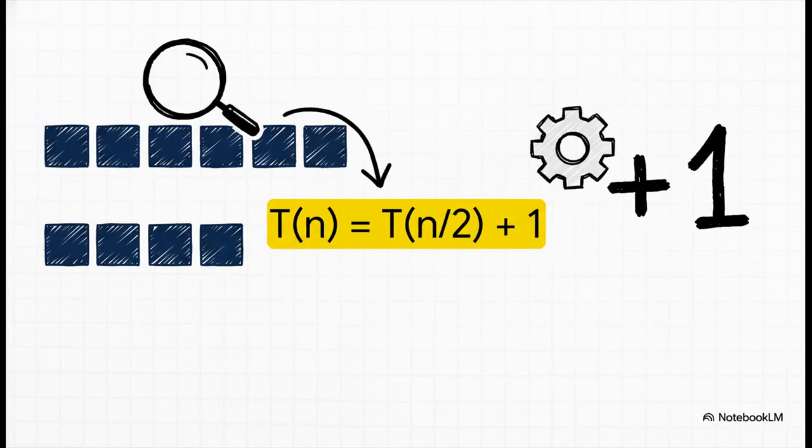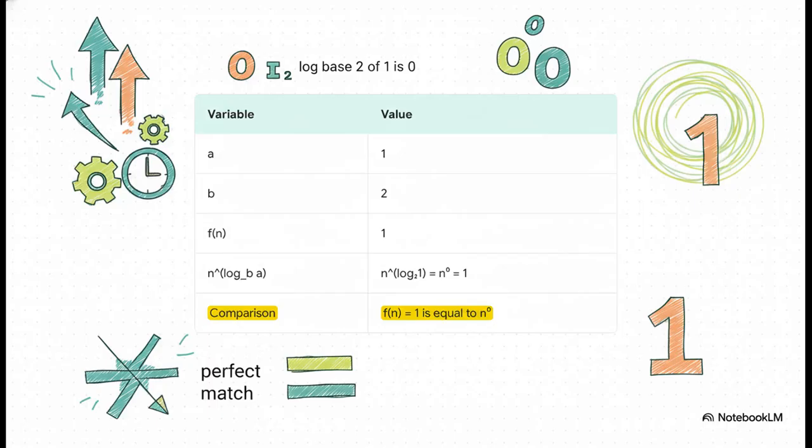Ready for another one? Let's try this one. This recurrence here. This is the recipe for something like a binary search. You see, it cuts the problem in half every step, but then it only does a tiny, constant amount of work. Okay, let's follow the steps again. A is 1, B is 2, and f of n is just the constant 1. So our critical value is n to the power of log base 2 of 1.